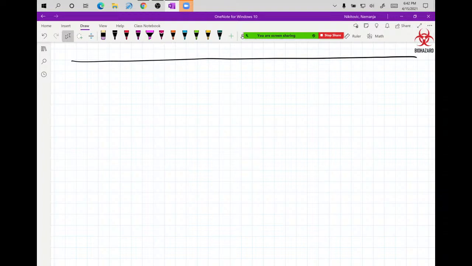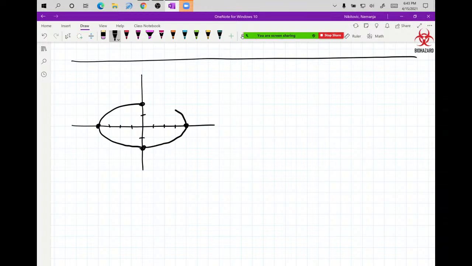So say I have an ellipse that is going 4 out on these sides and 2 out these ways, right? So now you draw the ellipse the best you can, and if you tell me you're not the artist, I'm going to tell you become one, okay? So keep practicing.